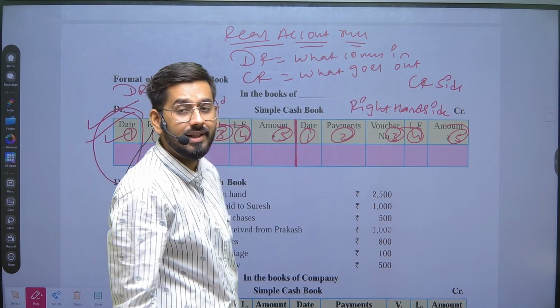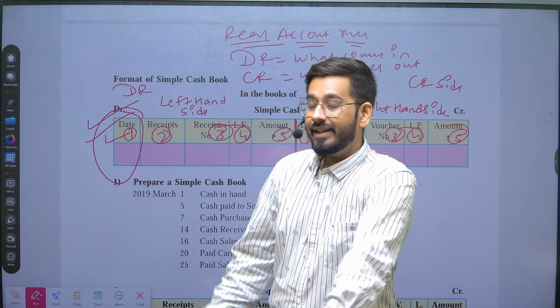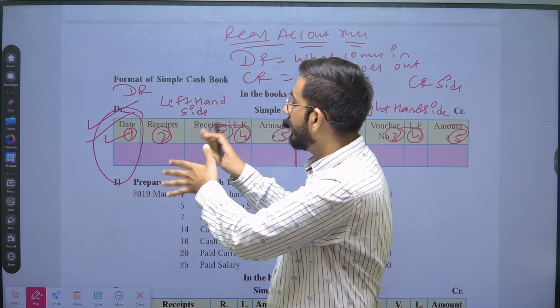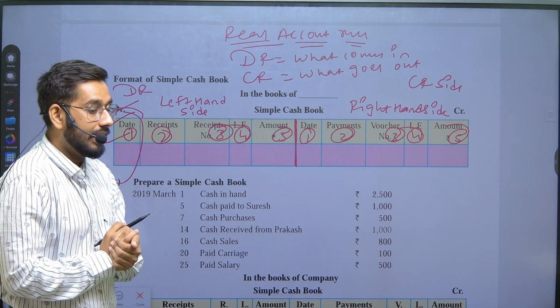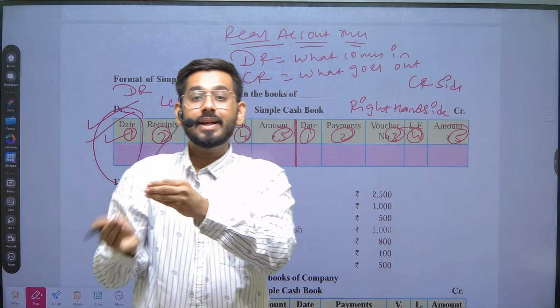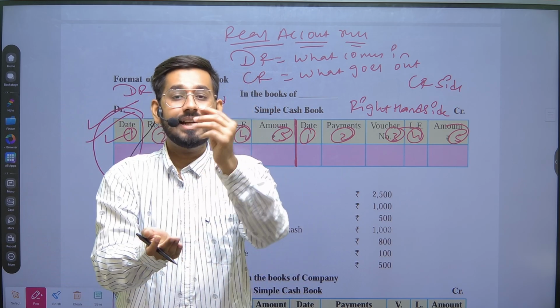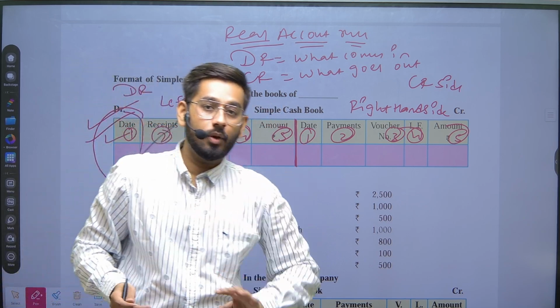Similarly in the simple cash book, the same rule is followed: the debit side is the receipt side, where cash is coming into your firm or business. Cash is an asset and an asset is a real account, so we can apply the rule of real accounts: debit what comes in, credit what goes out.